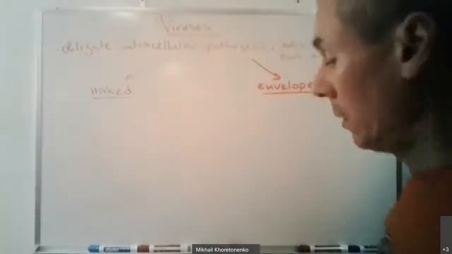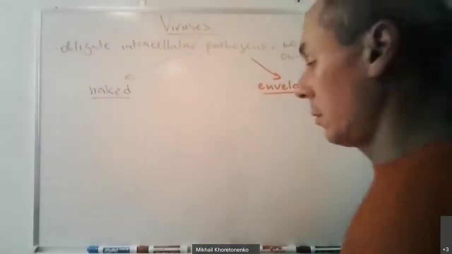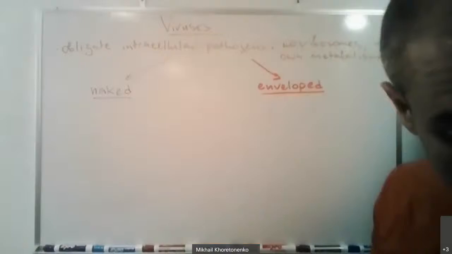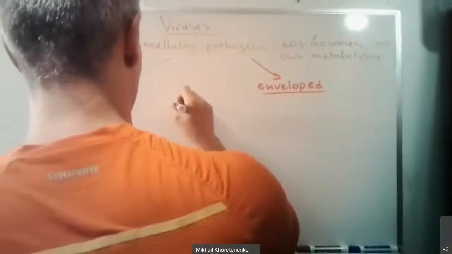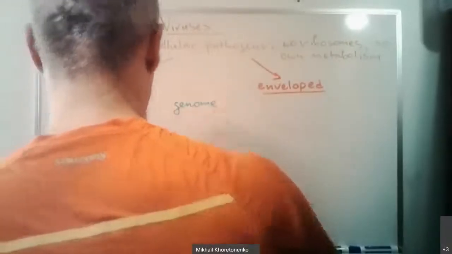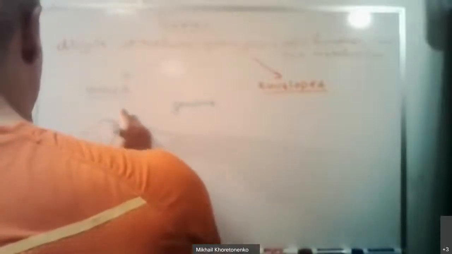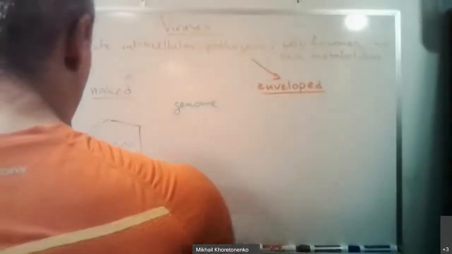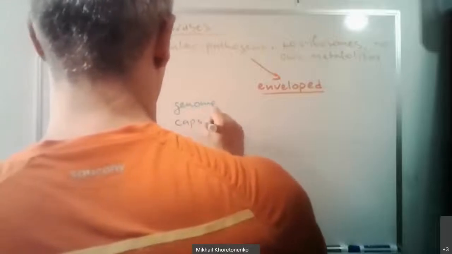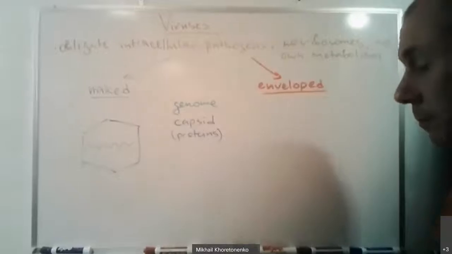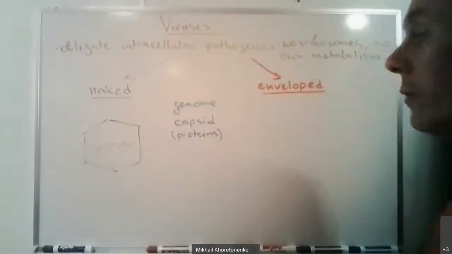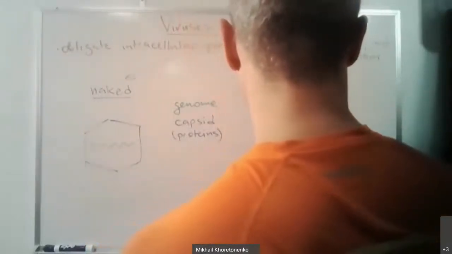So naked viruses can be pictured the following way. Viral genome is enclosed into the viral capsid, which consists of proteins. Now, enveloped viruses also have a genome and the capsid.